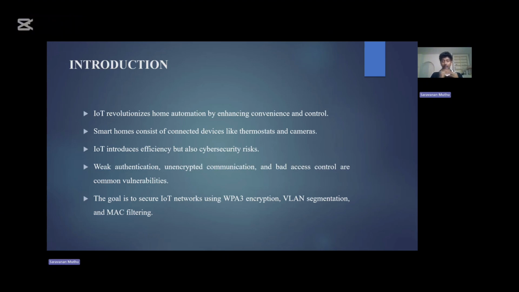My project addresses the vulnerability by applying WPA3 encryption or WPA2 personal, since I'm using Cisco Packet Tracer, and VLAN segmentation. I'll also be doing MAC filtering for security purposes, and RBAC, which is role-based access control, for the IoT home devices.